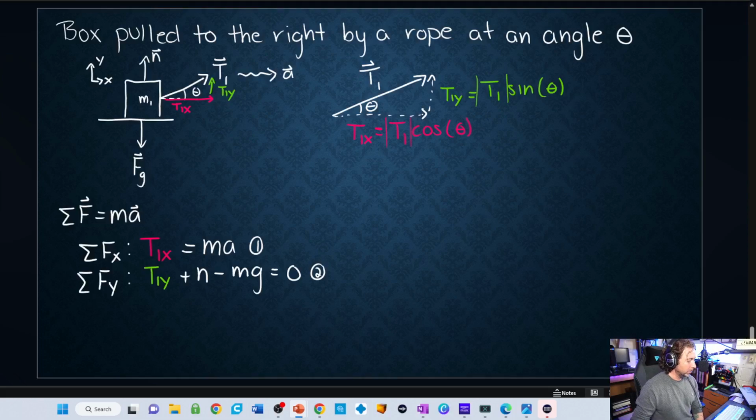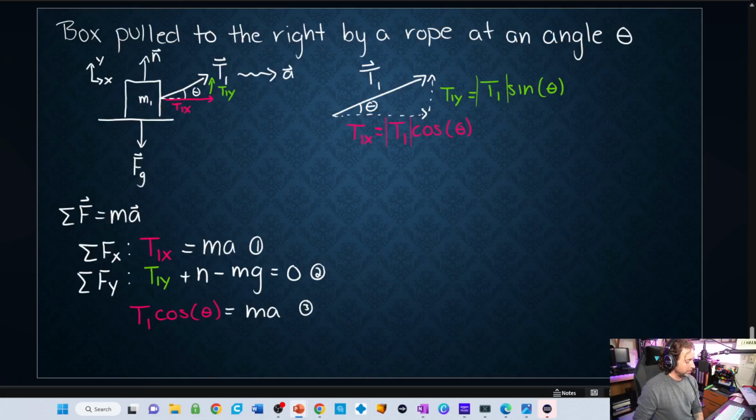And now, let's go ahead and substitute these components into equations 1 and 2. So for equation 1, we get T1 cosine theta is equal to MA. And so we'll call that equation 3.